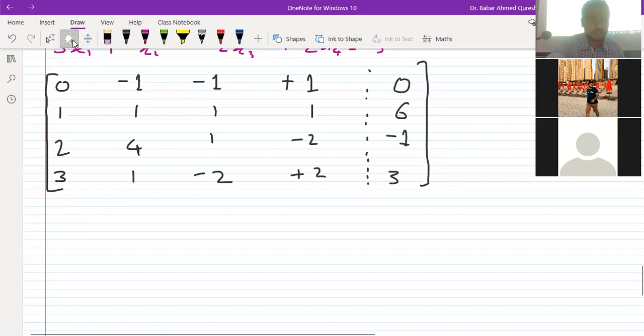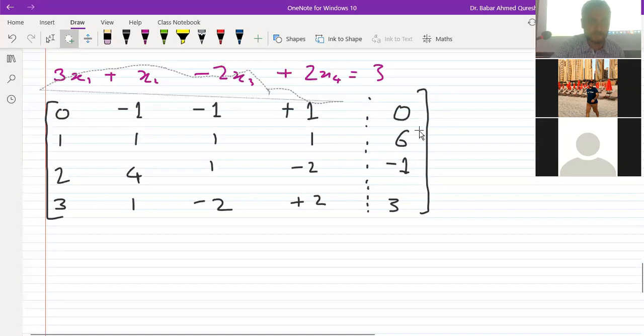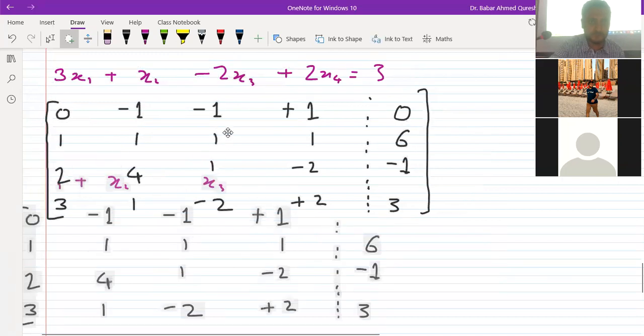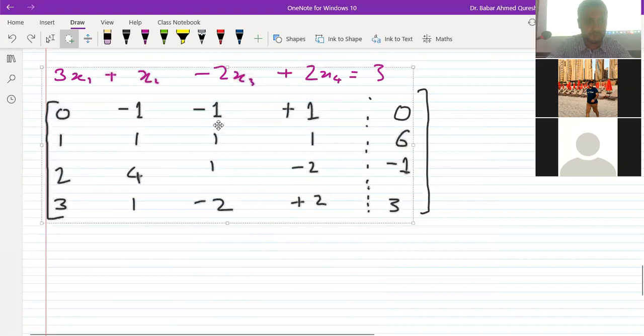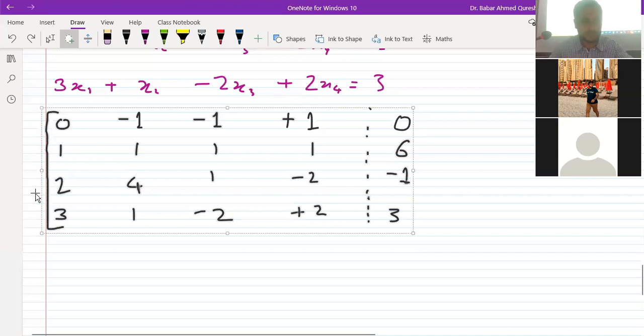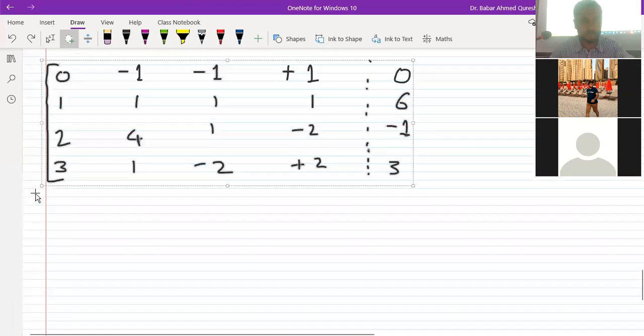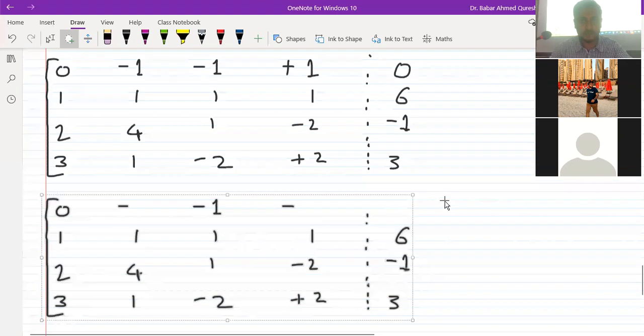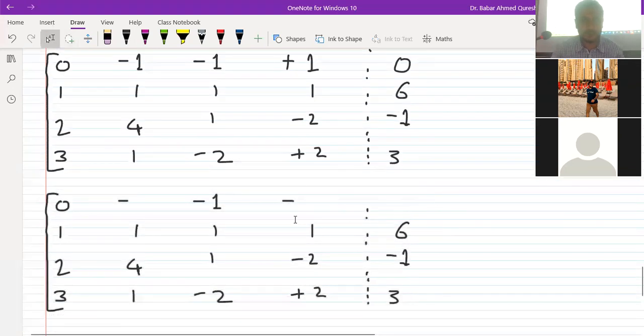So I can take this matrix and interchange these rows.